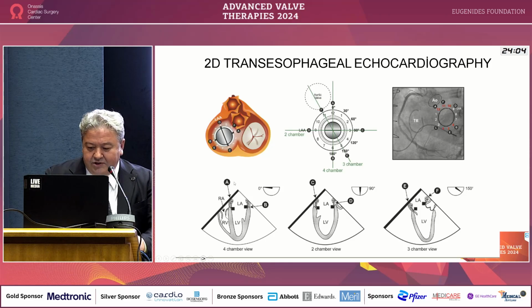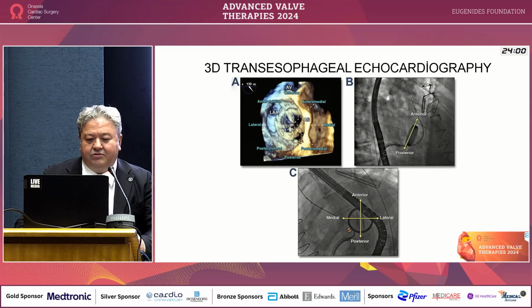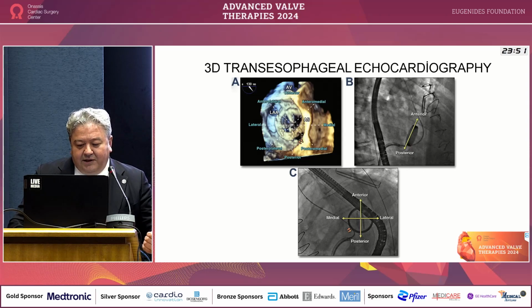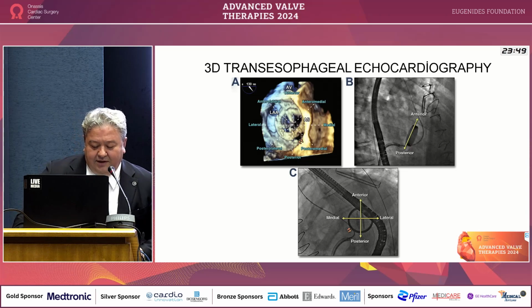But 3D is the gold standard because you can see where the aortic valve is, where the anterior region is, anterolateral, anteromedial, and posteromedial. Here is the medial region, the septum. Here is the left atrial appendage, and there is a posteromedial leak, as you see here.